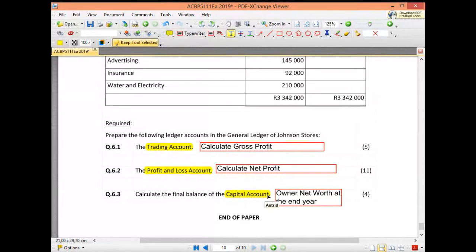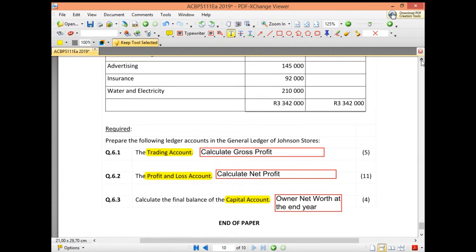You need to know the movement. The movements would be the profit or loss for the year and any drawings that occurred, to get to a closing value. Okay, so let's go through the information and then we'll start with the trading account and the profit or loss account, and then we'll finish off with the capital account.